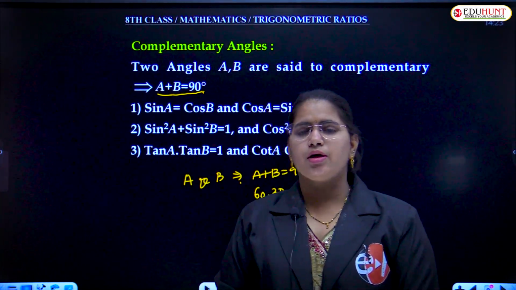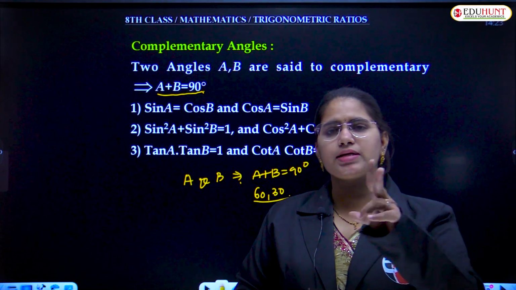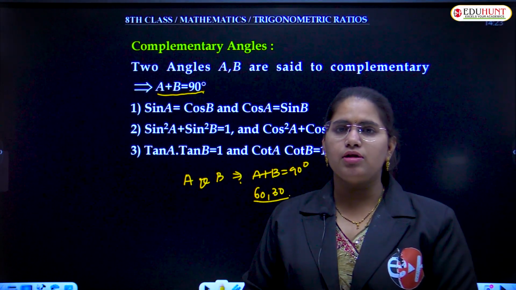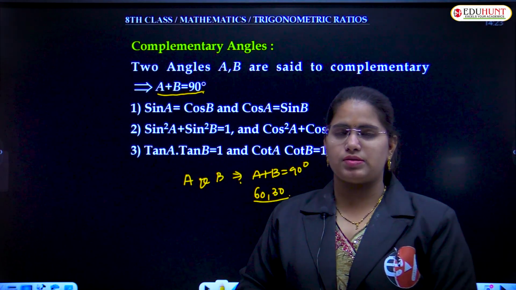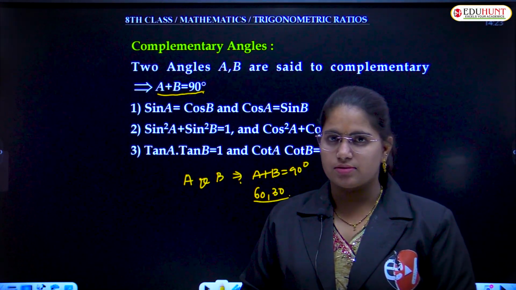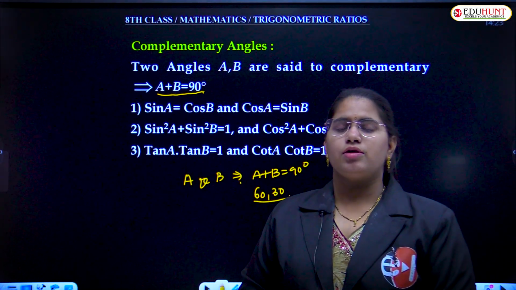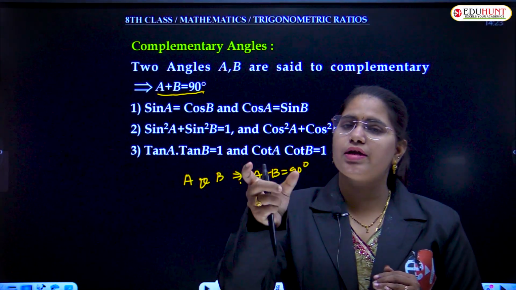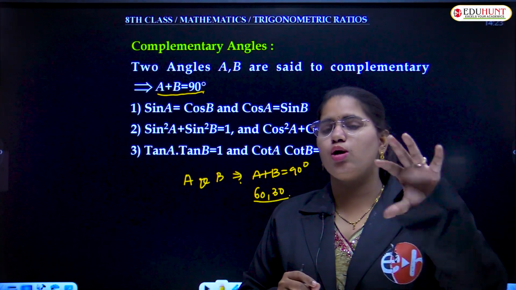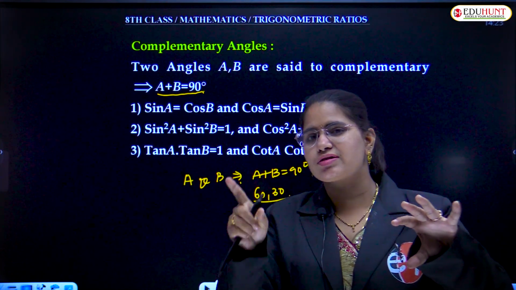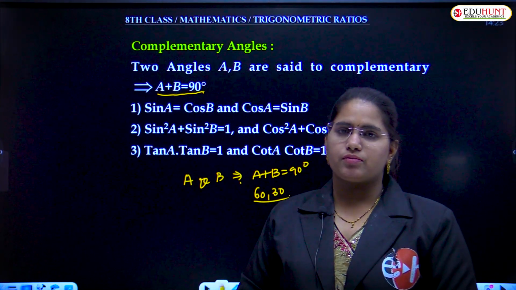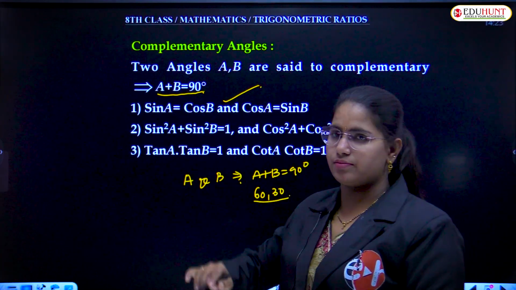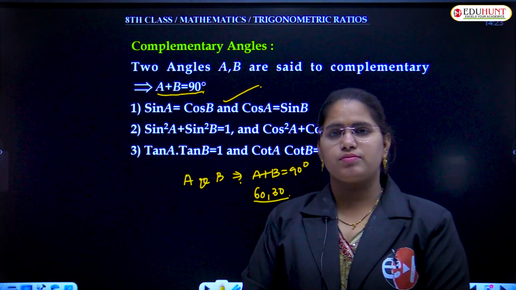My next point is, whenever you have complementary angles, you can derive some results. These results show the relation between complementary angles and how they act in trigonometry. We are going to derive results based on trigonometric ratios.